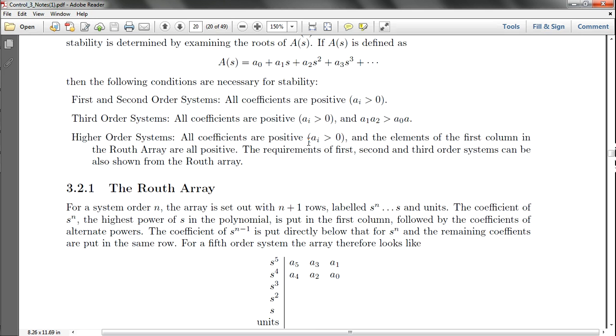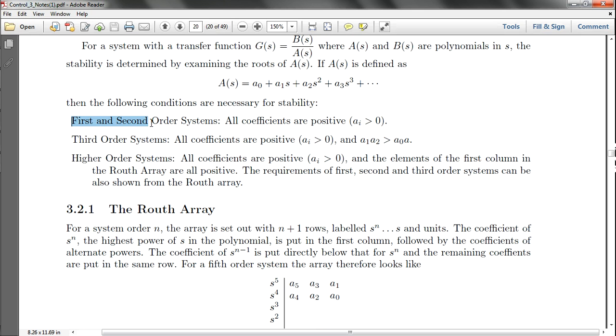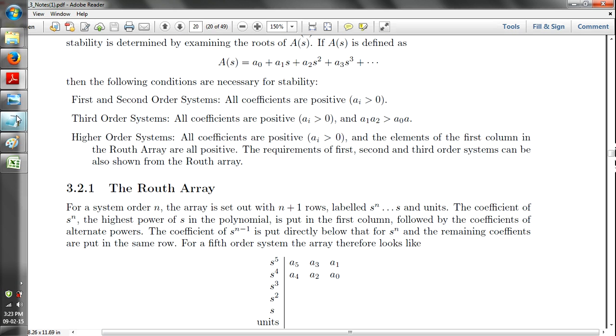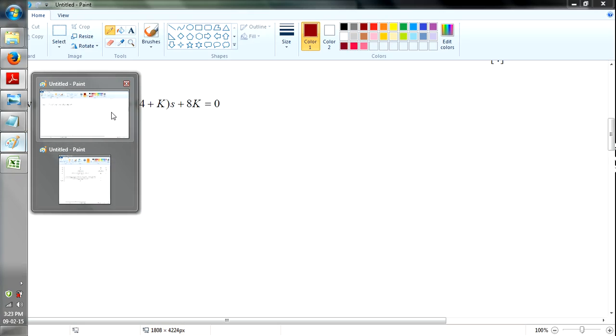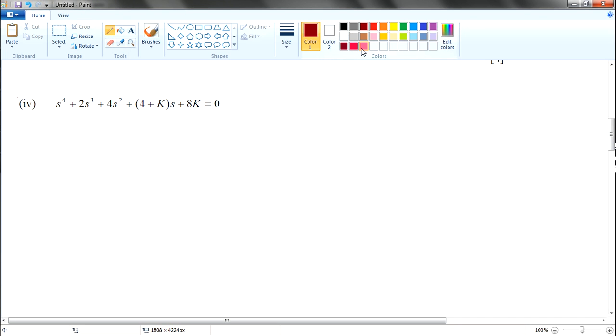What it means is that you can also use the Routh array to solve for this, but since we can solve it so simply, you need not use the Routh array, unless it is some complicated stuff. But nonetheless, let's start. You can see that all coefficients are positive. There is nothing wrong at all. You know that if it's fourth order and above, you need to use the Routh array.